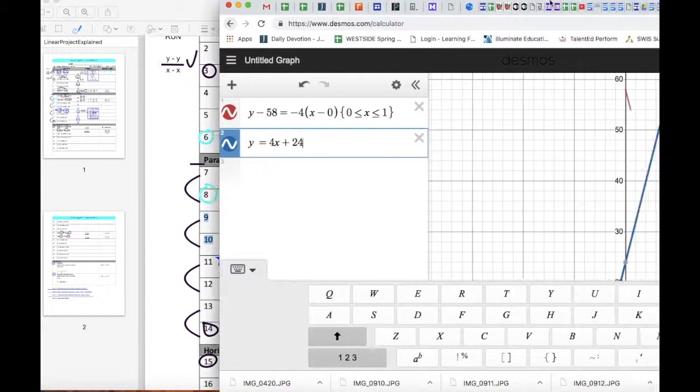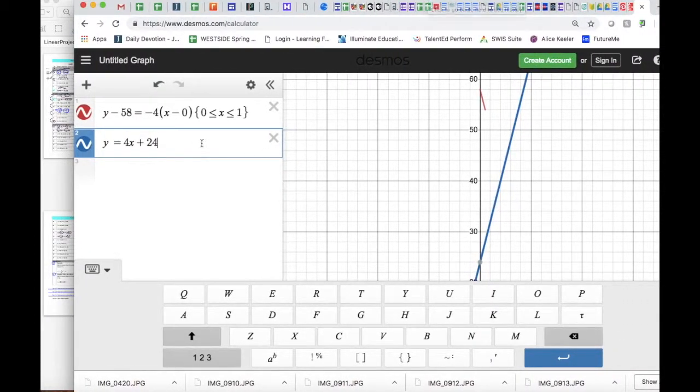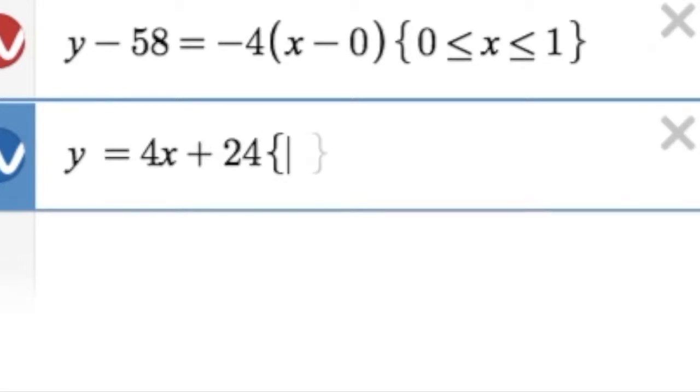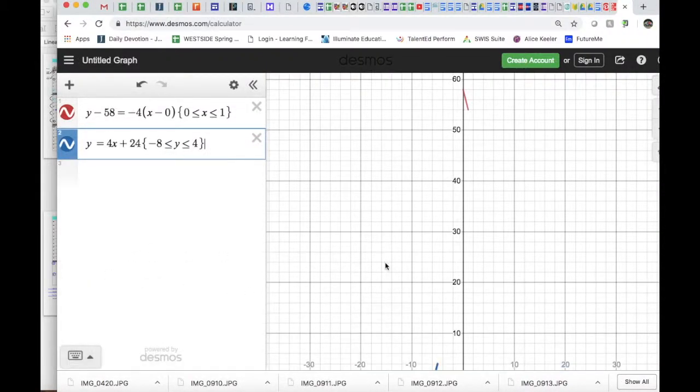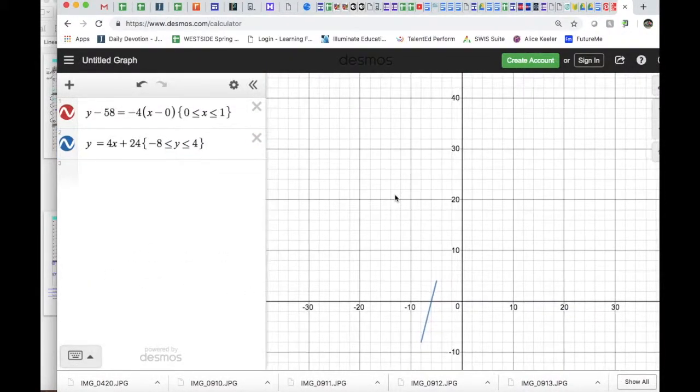How that's going to look on Desmos is curly brace, and we will type in -8 less than or equal to y less than or equal to 4. I don't believe you need the end curly brace, but let's go ahead and put it in there, and we'll minimize the keyboard, and it looks like there's that line.